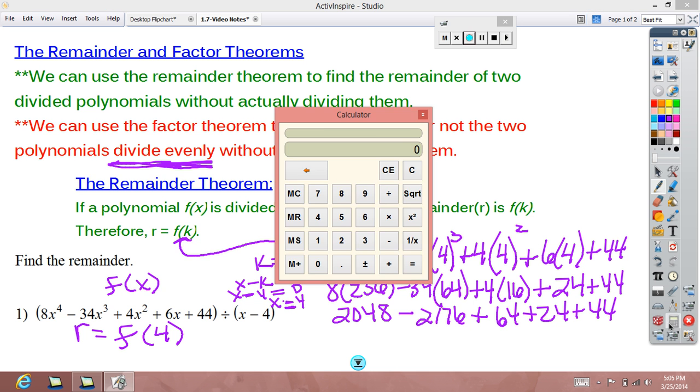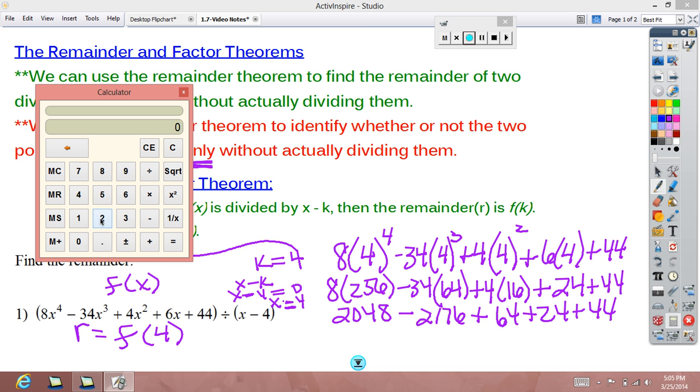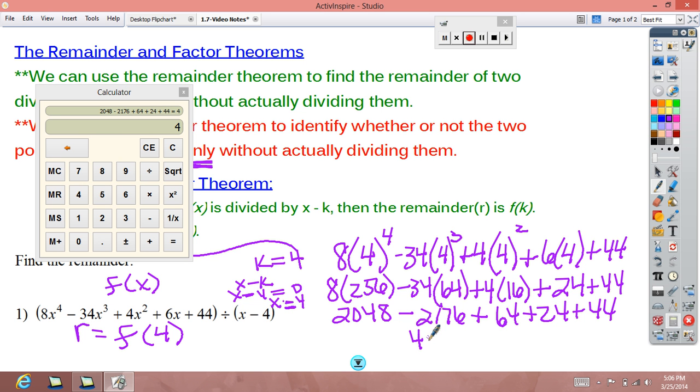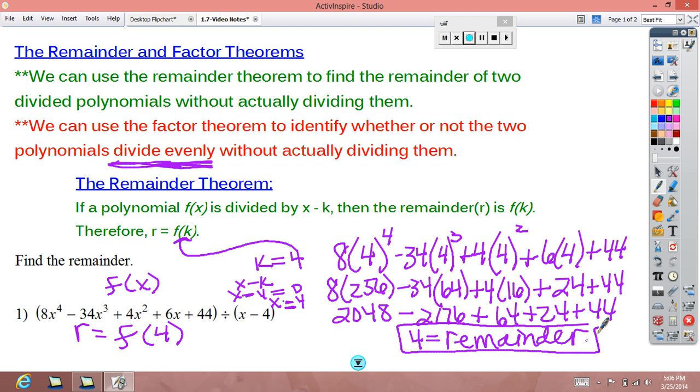Let me use my calculator. 2048 minus 2176 plus 64 plus 24 plus 44 equals 4. And so my remainder here is also 4. I know that was also my k value, and that might not always work out to be the same, but in this case my remainder is 4.